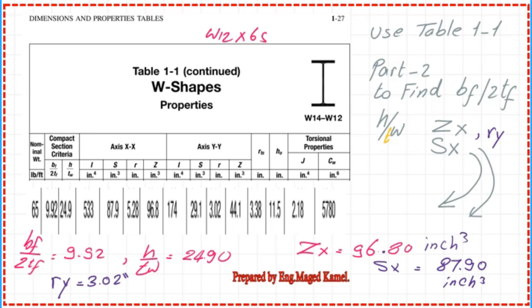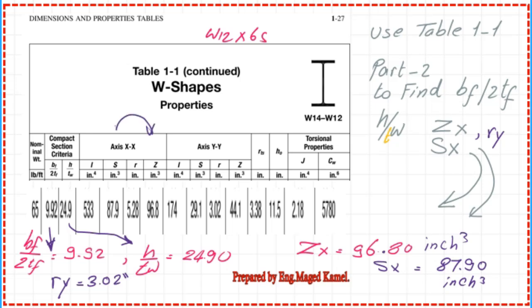In the next slide, we will consider the second part of table 1.1 to get the values of B flange over 2T flange and H over T web, and also get the information regarding Z sub X and S sub X and radius of gyration R sub Y.